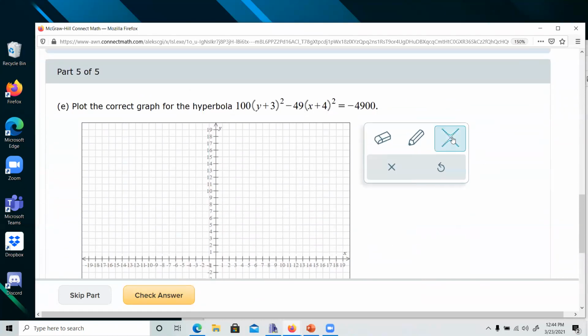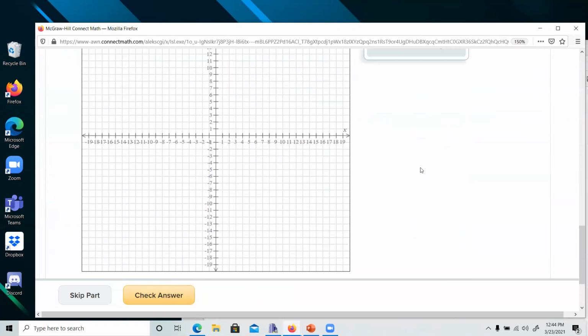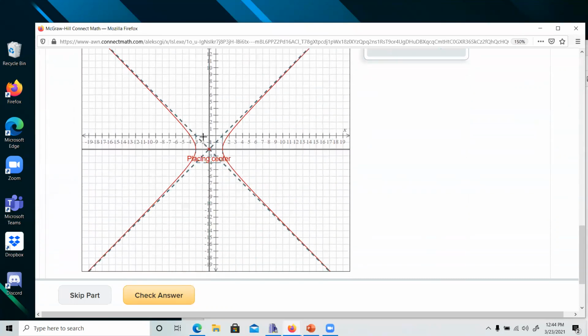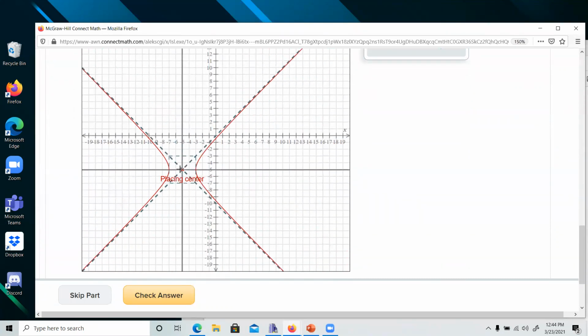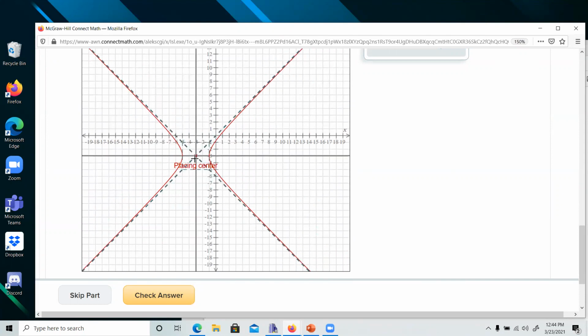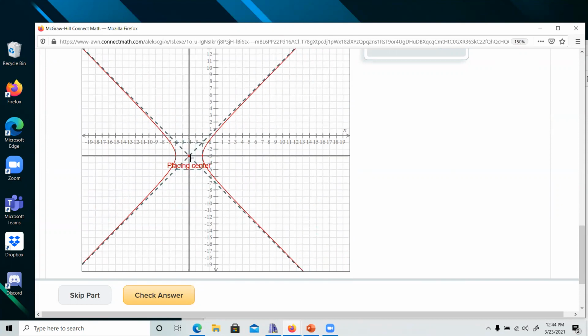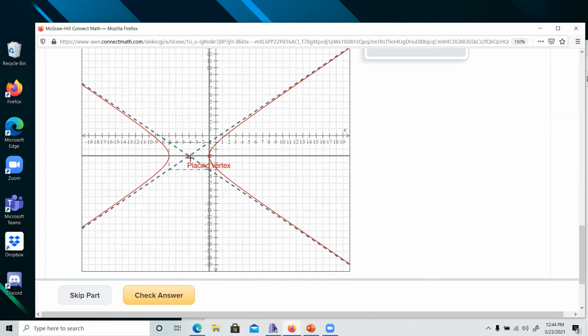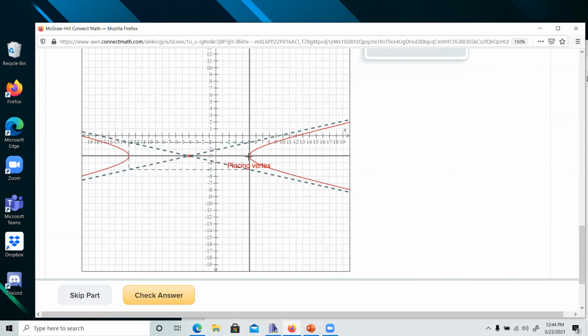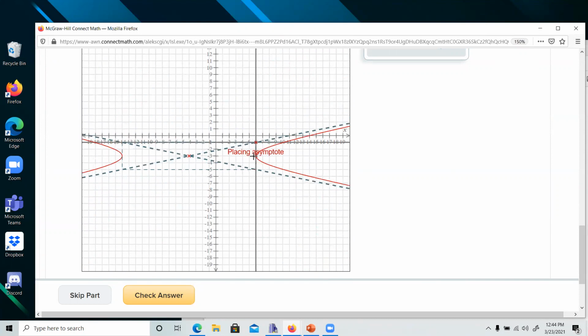Next. Oh, they didn't give me a little plotting device. All right, -4, -3. Let's hope they're not going to be too much of a pain this time. Place the vertex, and that was going to be 6, right?